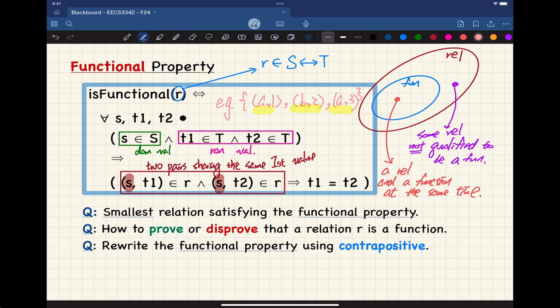Let me write it down. So here we say the second values are the same. And this really means ST1 and ST2 refer to the same pair.